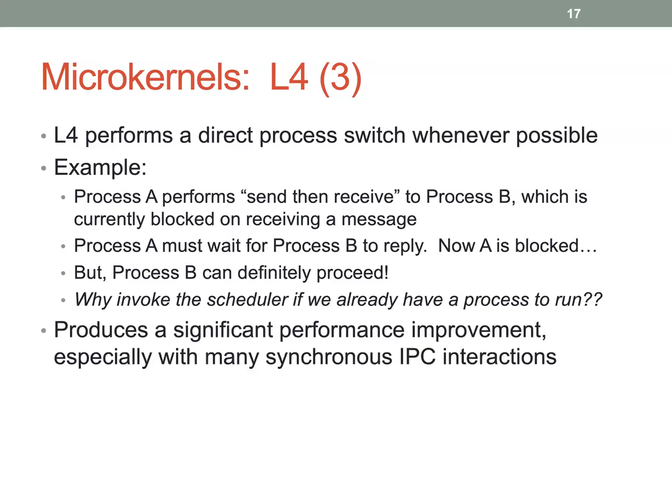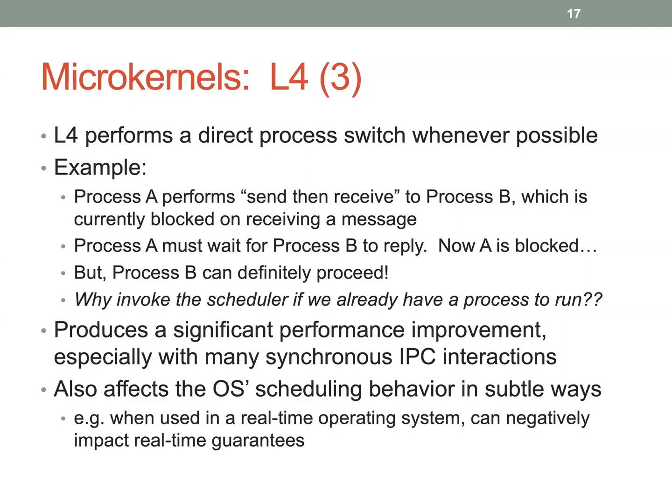Now, this is significant, but it does have a consequence. If you're building something like a real-time operating system, and unfortunately we didn't get to talk about that part of OS characteristics in the first lecture because I was too verbose, a real-time OS basically makes scheduling guarantees.